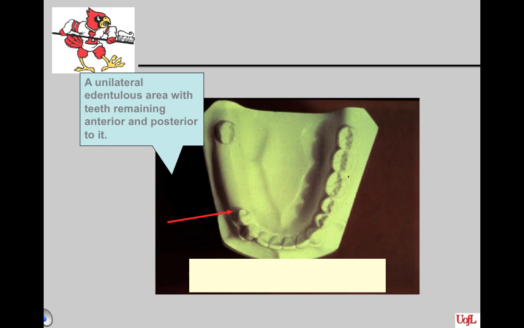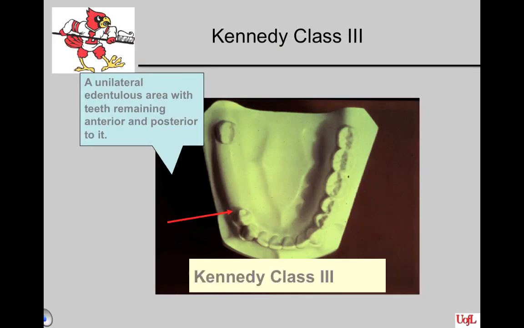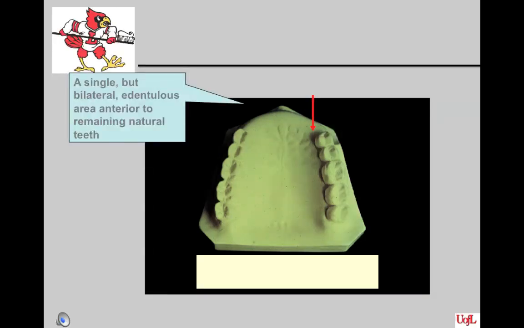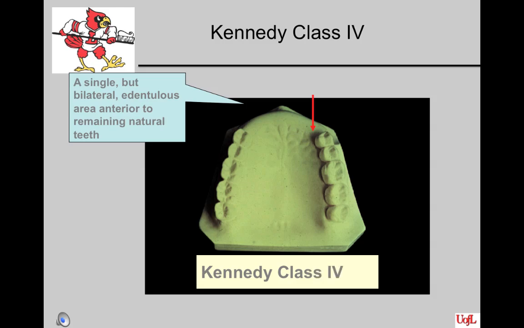What definition does that fit? You're right, it's a Kennedy Class 3. If you have a single but bilateral edentulous area anterior to the remaining natural teeth, what classification do you have? Absolutely, a Kennedy Class 4.